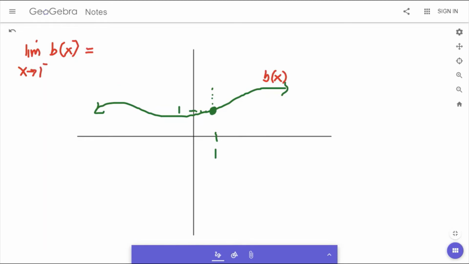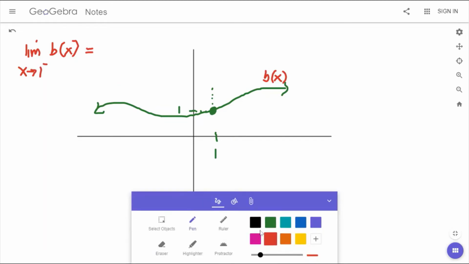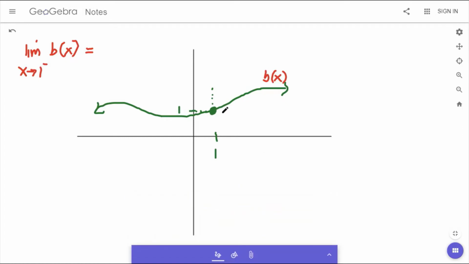Okay? Saan papunta ang value ng y? Okay, tingnan niyo mabuti ito. Saan papunta ang value ng y habang ang x ay patuloy na nilalapitan ang 1 pero galing siya sa left. Ano ang nangyayari sa value ng b of x or the value of y? Saan naman papunta ang value ng b of x? What is your answer?